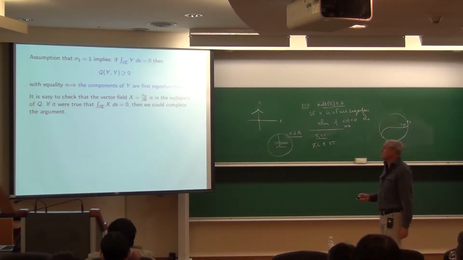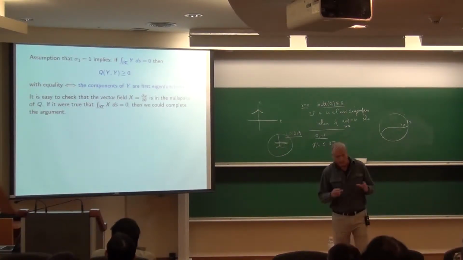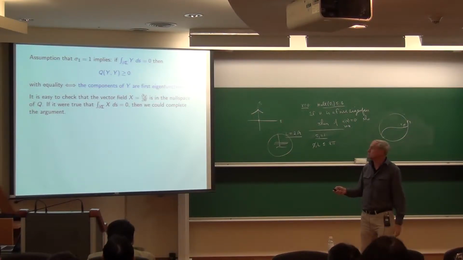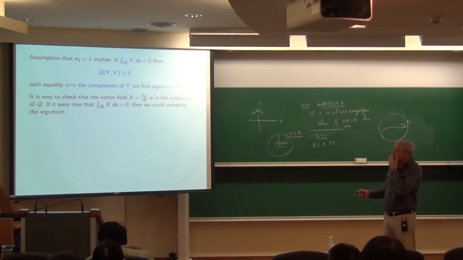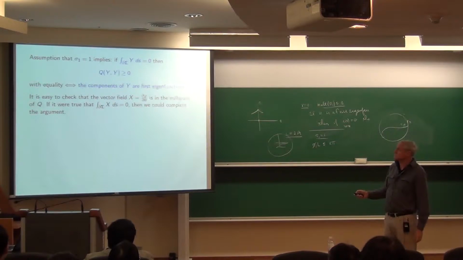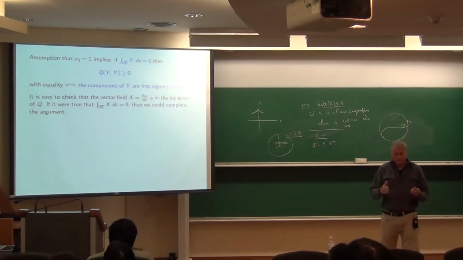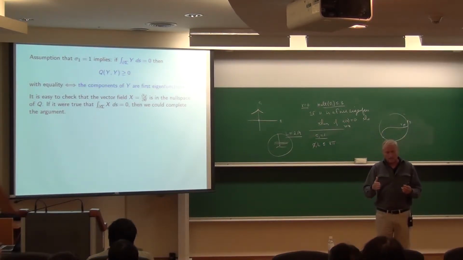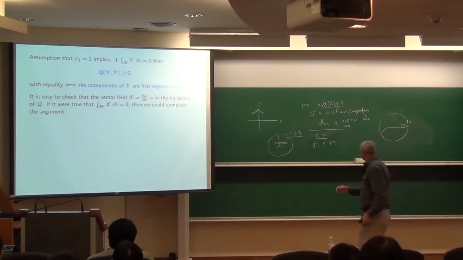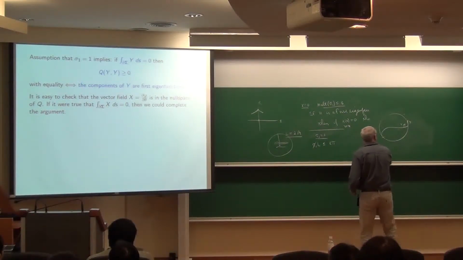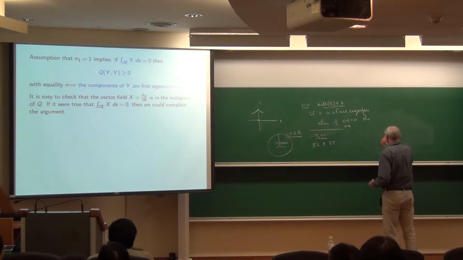Okay, and so then the idea is to look at this form applied to the rotation vector field X. It's not actually very hard to see that X is in the null space of this form. So if you take Q(X, Y) for Y of this type, you get 0 for any Y. So in fact it's in the null space.